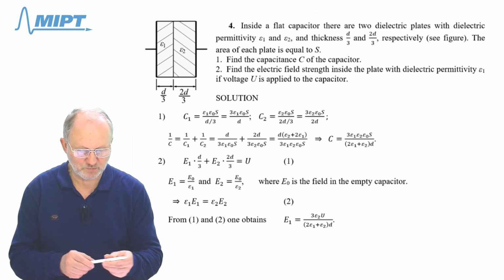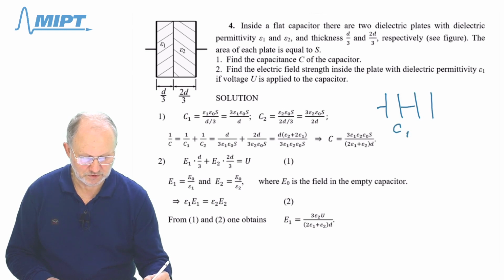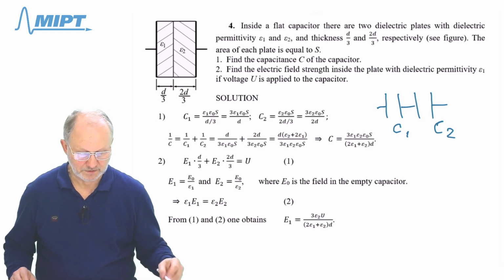In order to solve this problem, we use the equivalent scheme, which in this case can be shown as follows. This is capacitor number 1 and capacitor number 2 connected in series.